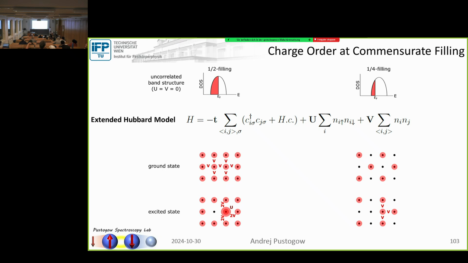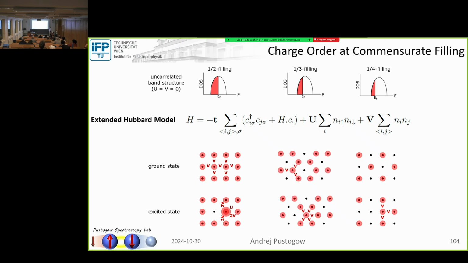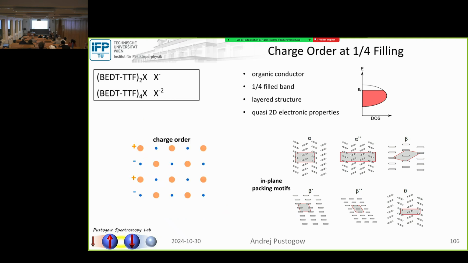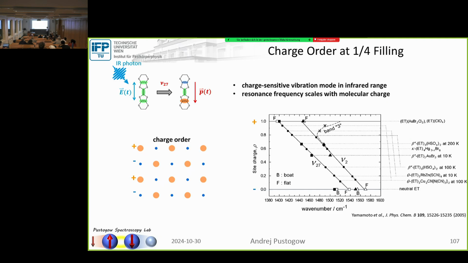So you have here a lot of charge, here you have no charge, here you have a lot of charge, etc. Well, you can have it also on a 1/3 filled lattice, which would give something like a honeycomb in a triangular lattice, but these are details. And for the quarter filling, there are a lot of these organics which realize quarter-filled lattices, like the theta or the beta double prime. So with plus and minus charges.